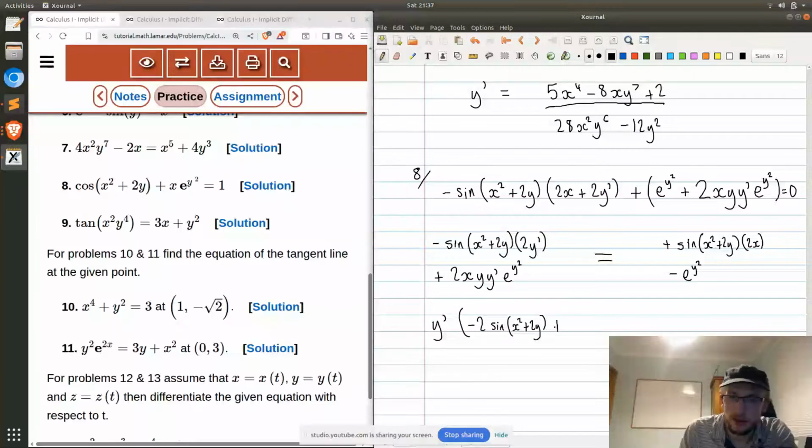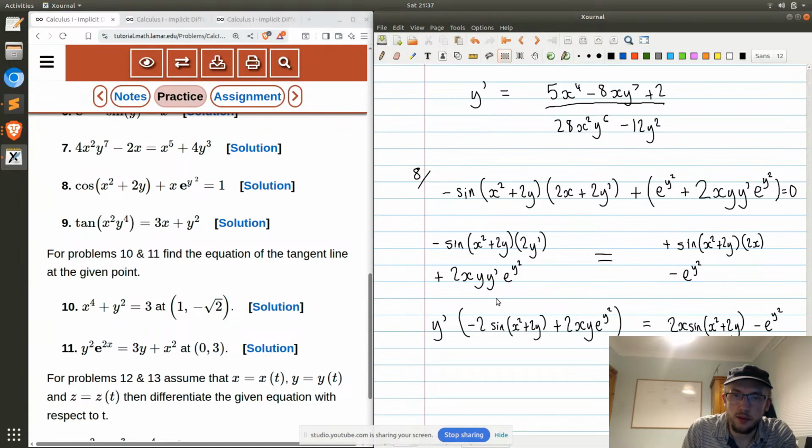And I'm going to add it to 2xy times e to the y squared. And then that will be equal to 2x sine of x squared plus 2y minus e to the y squared.